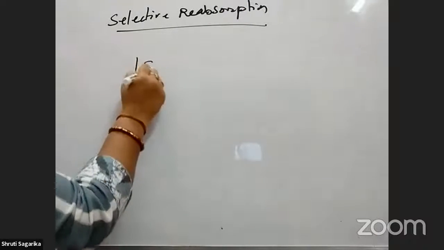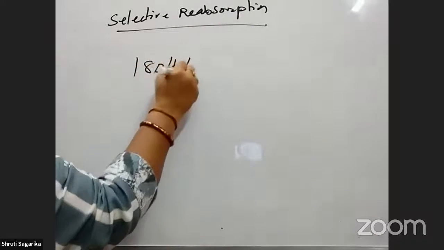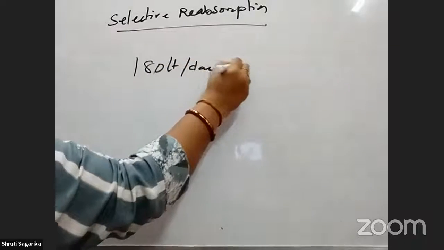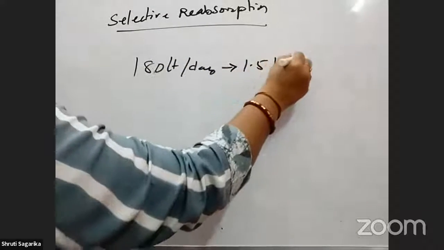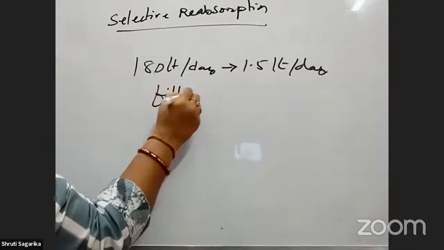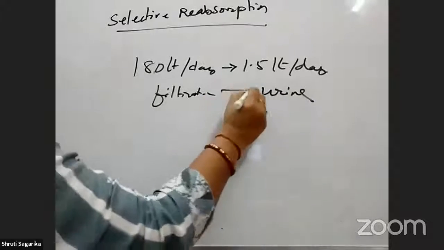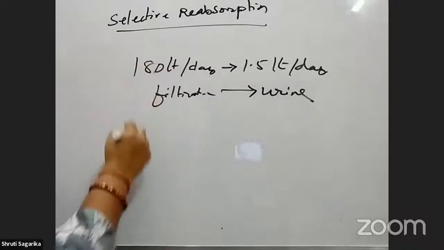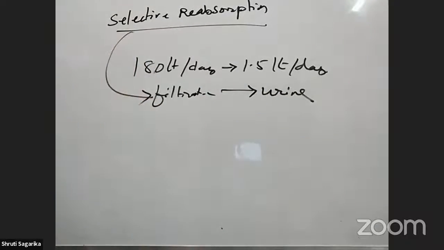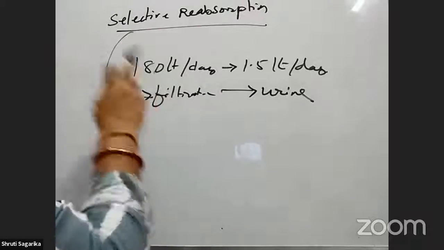Because of the gap, 180 liters per day to 1.5 liters per day. This is our filtrate, this is our urine. To cover this gap, we need selective reabsorption. Clear?